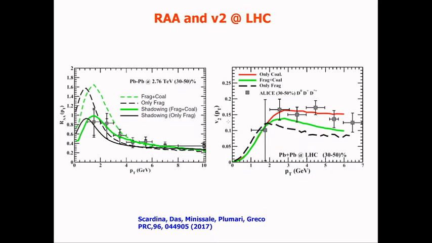Then with the same framework, with the same transport coefficient, with which we are able to explain the RHIC data, we proceed to study the R_AA and v2 at LHC energy. So as we can see at LHC energy also, with the same transport coefficient, same evolution equation, we are also able to explain reasonably well both the R_AA as well as v2.